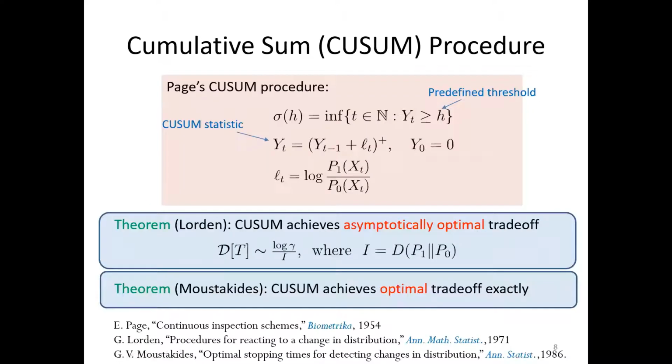That's the result by Lorden. And later on, in 1986, it was shown that this CUSUM procedure is in fact optimal. These are the classical results from QCD.